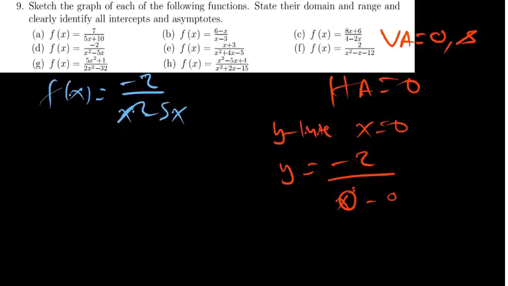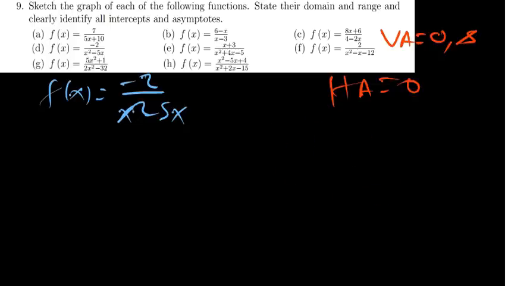So how are we going to sketch our graph? If we don't have the y-intercept, this is what we are going to do. We're going to have our graph, which is going to be like this. I'm going to use the coordinates.